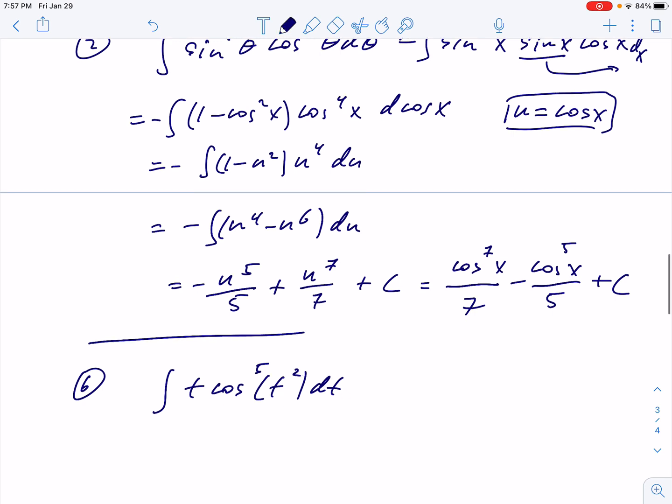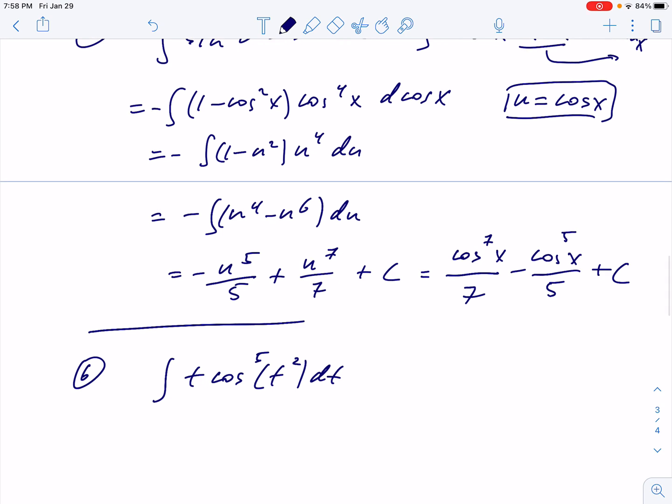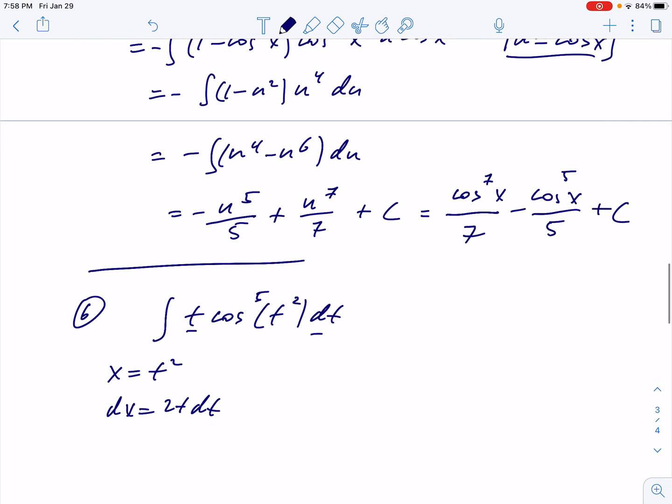How to solve this integral? The presence of this t squared and the t in front shows you immediately that you have to go with substitution. So we make this substitution. Let's set x to be t squared. So dx will be 2t dt. The product t dt is present in the integral. t dt will be 1/2 dx.